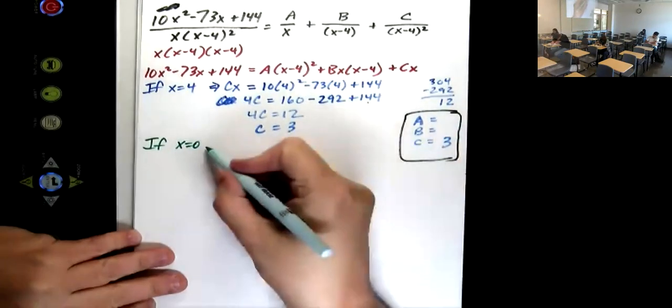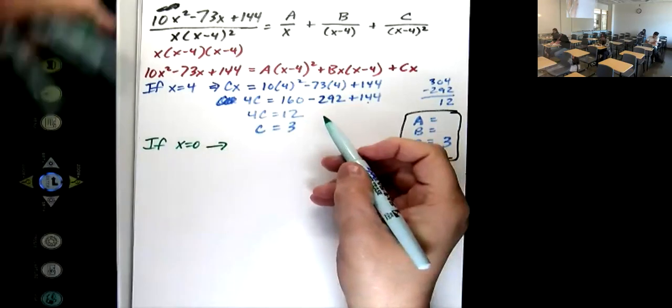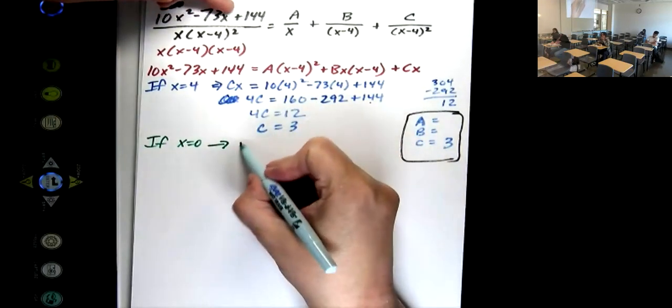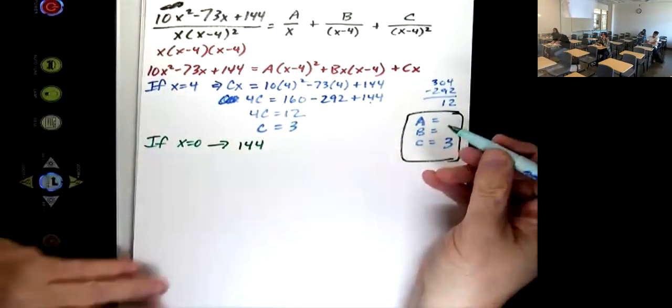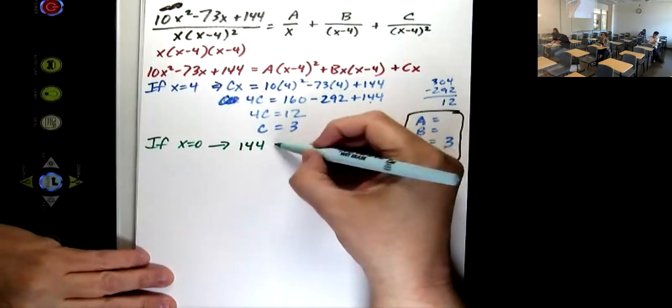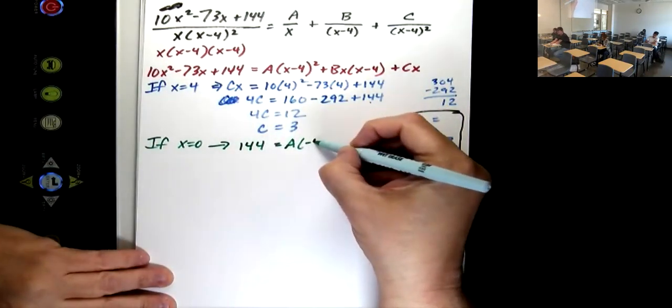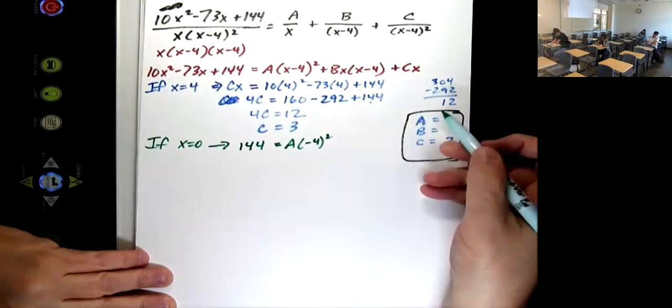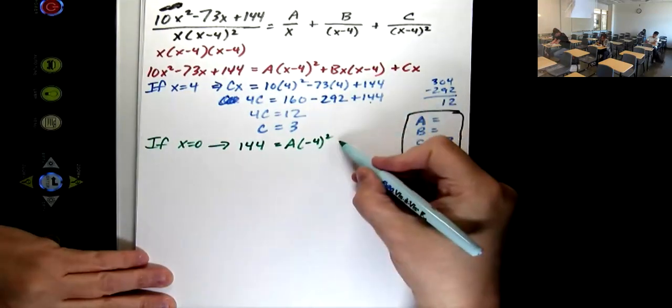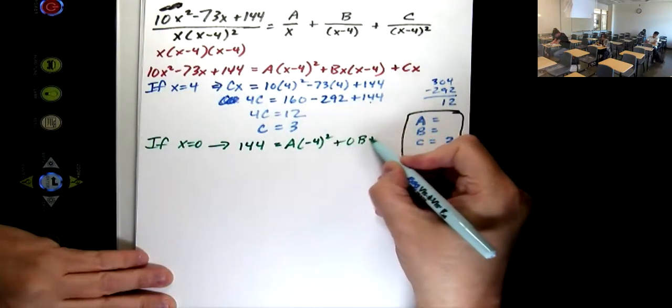If I do x equals 0 here, my left side is just 144, right? And I have a times -4 squared. Then I got 0b and 0c.